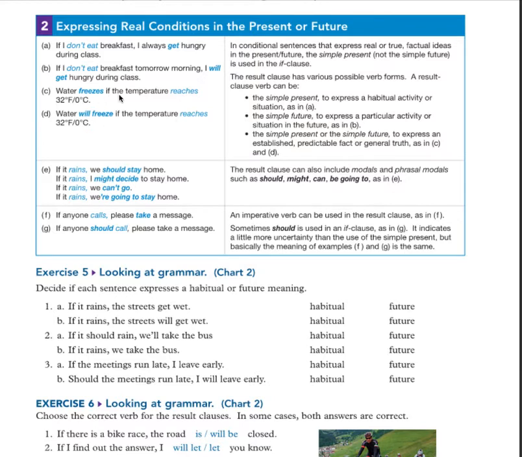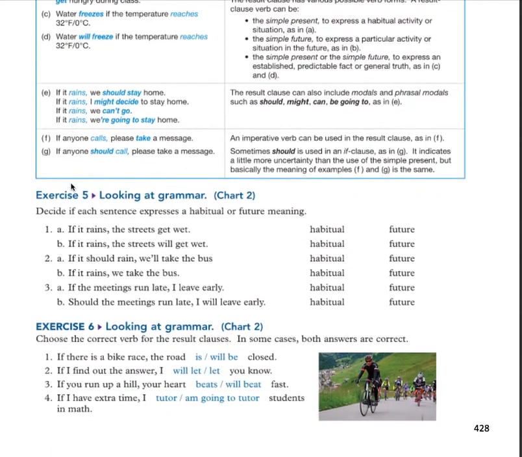Water freezes if the temperature reaches 32 degrees Fahrenheit. Water will freeze if the temperature reaches 32 degrees Fahrenheit. Okay? So the result clause has various possible forms. Okay? Look at E. If it rains, we should stay home.